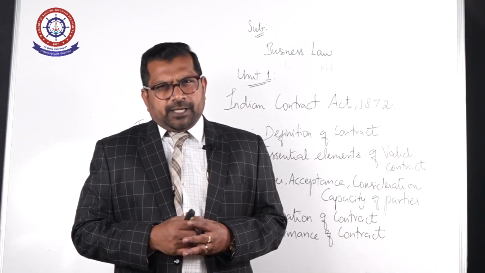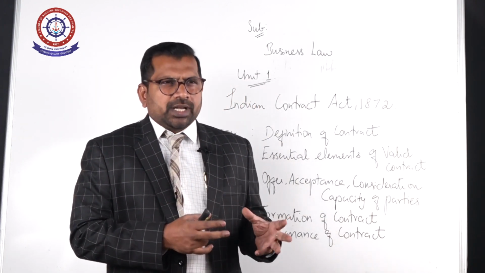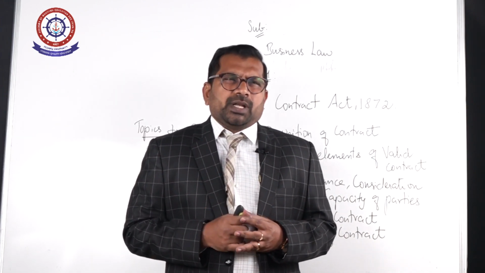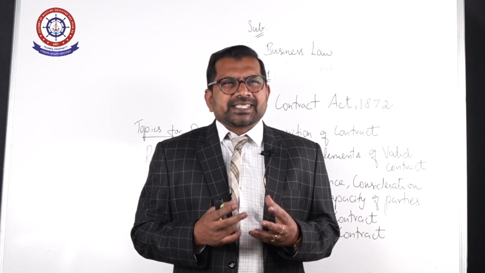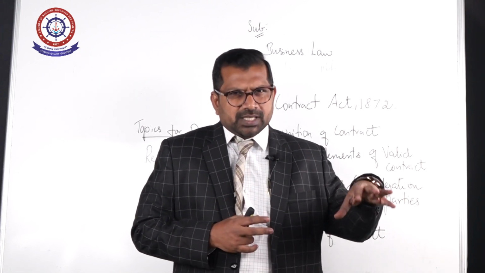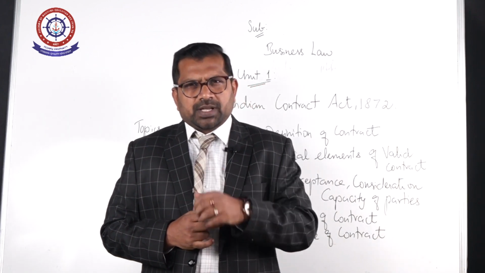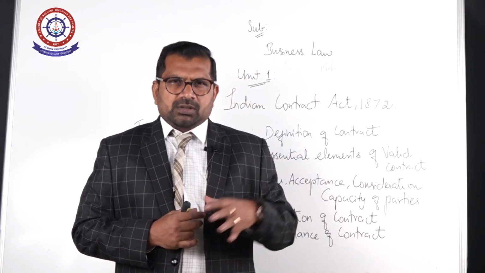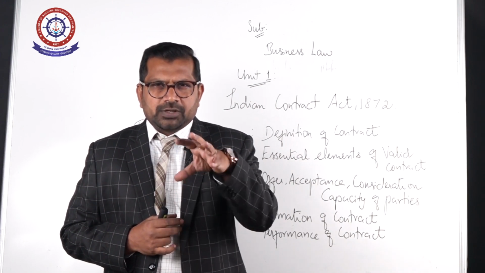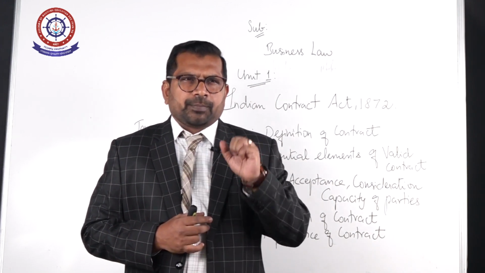Now according to validity, the first one is valid contract. A valid contract fulfills the essentials of a valid contract or agreement. Agreement means offer plus acceptance equals agreement; contract means agreement that is enforceable by law.